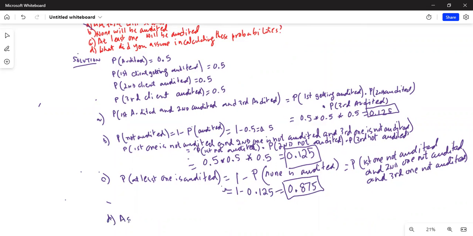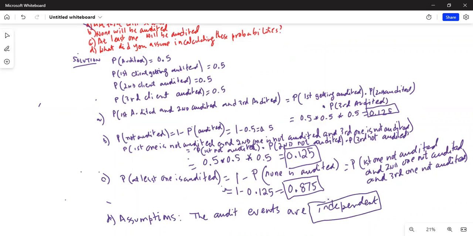D, assumptions. The audit events are independent. Okay. So that is the end of the problem.